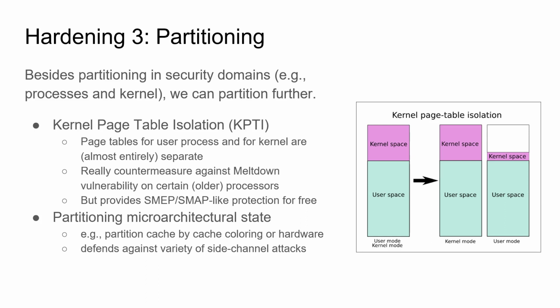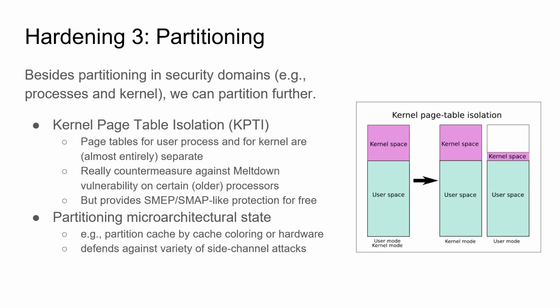Another and somewhat related example of partitioning is partitioning of microarchitectural state, such as the caches. Okay. Now, unfortunately, on modern processors, there are many buffers and there's much state that is shared between multiple mutually non-trusting security domains, and the cache is one of them. We have level 3 caches that are shared between all the cores.